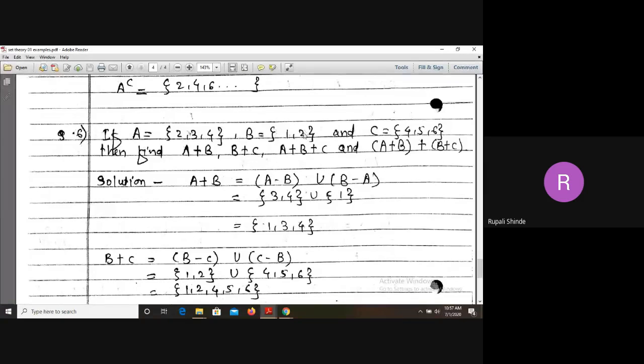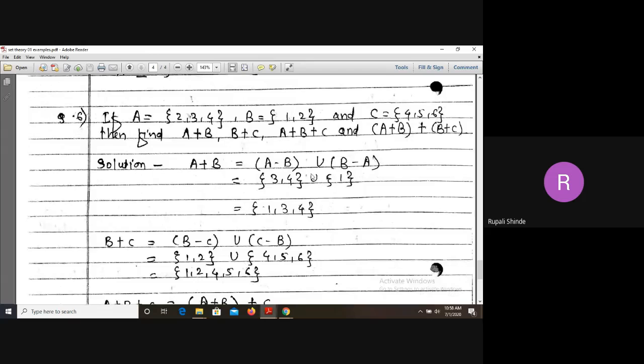So again check whether 2 is present in A. Yes, 2 is there. That's why we are not going to consider this element 2 for B minus A. Okay. So this will include just one element as 1. So again we have to perform union operation on these two sets as 1, 3 and 4. Union is what? Just we have to combine the elements from both groups.